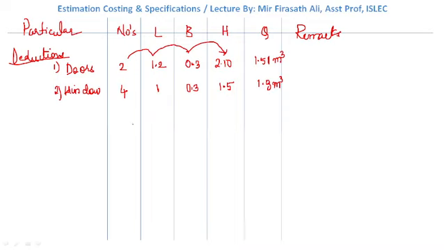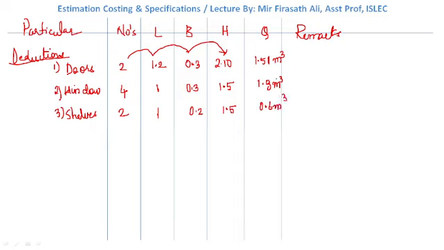Third one is shelves. Shelves we have 2 in number. Length is 1, thickness is 0.2 and 1.5. So it is 0.6 meter cube.